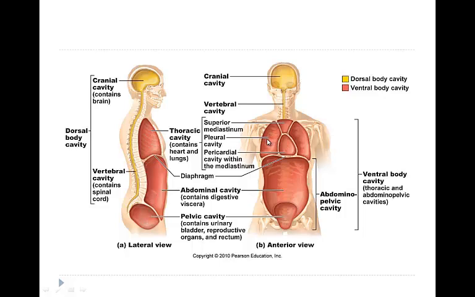Separating those two cavities will be the serous fluid, or the pleural fluid. Here's our heart. So the pericardium is going to be wrapped around the heart. There will be a parietal layer and there will be a visceral layer. The visceral layer is on the surface of the heart. The pericardial layer outlines the pericardial cavity.